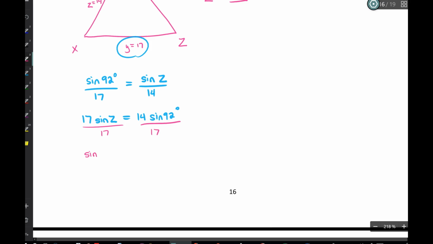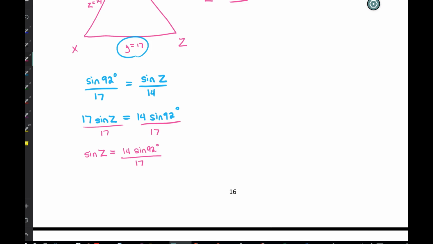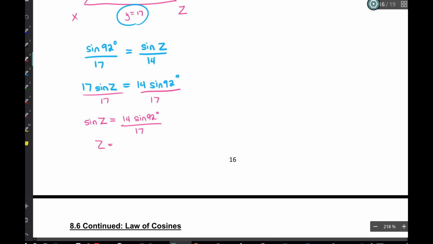So I have sine of z equals... okay, so far I just cross multiplied. How do I solve for z? I want to take the sine inverse of the right side. So z is equal to sine inverse of this whole thing.